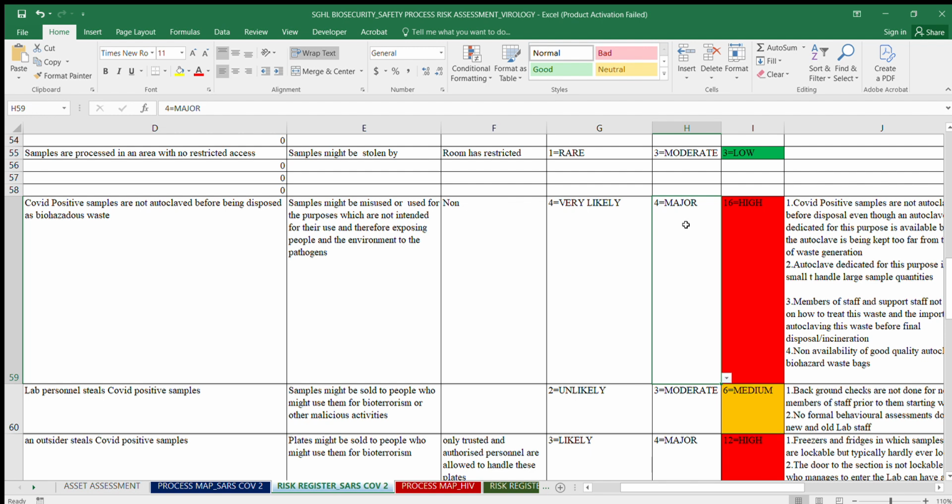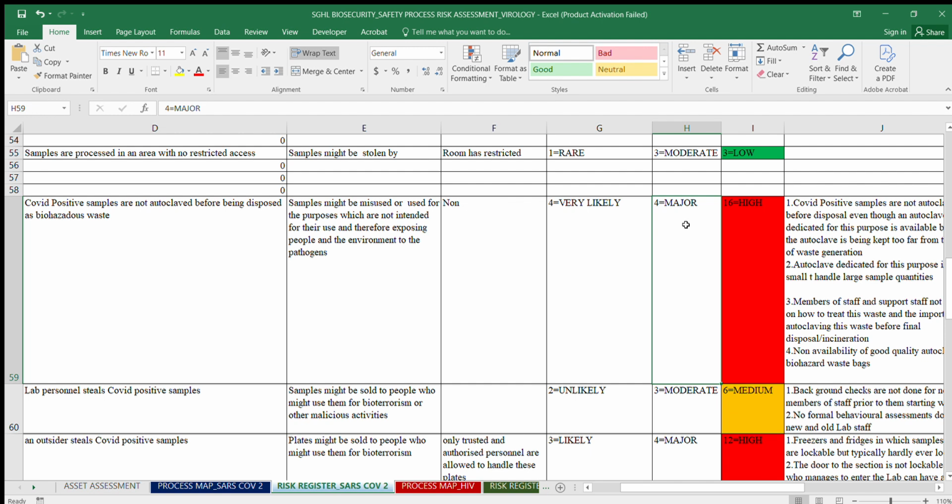Okay. Another thing is that if you did your biosafety risk assessment before you did your biosecurity, the inherent risk for your SARS-CoV will be the same as what you indicate here, because if people steal them, they are going to release them to people.